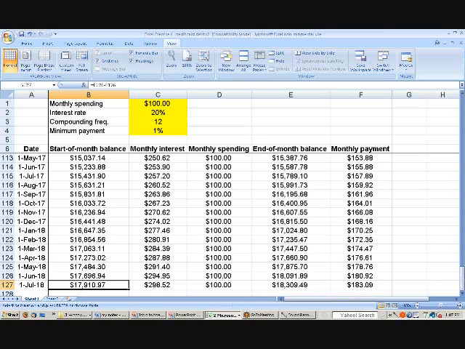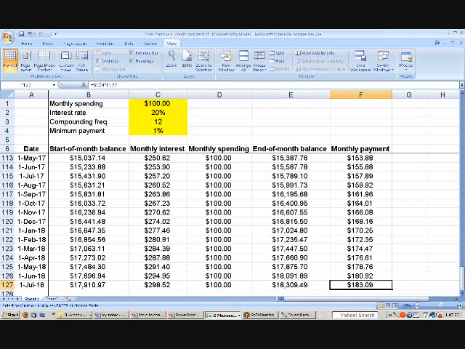But two, because they're charging a 20% interest rate, and that's going to add quite a bit to your credit card debt very quickly. If we take a look here, in July of 2018, we're still spending $100 a month on purchases, but our interest costs are 3 times that amount, almost $300 of interest expenses every month that are adding to our credit card debt.